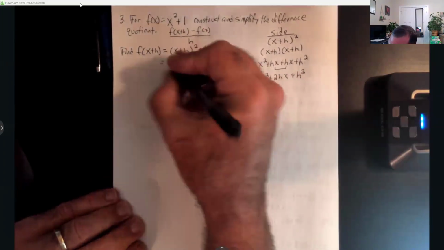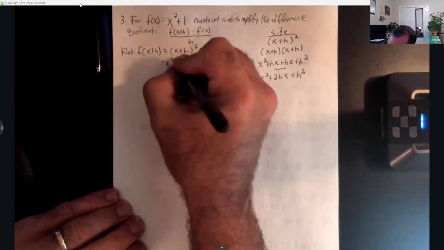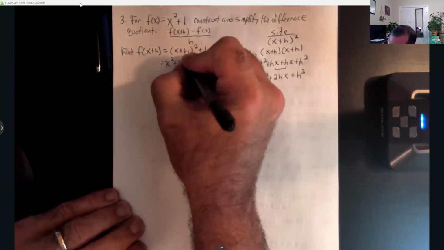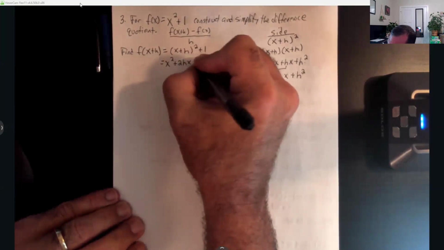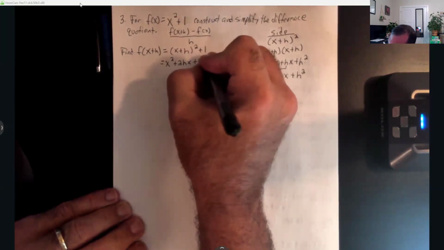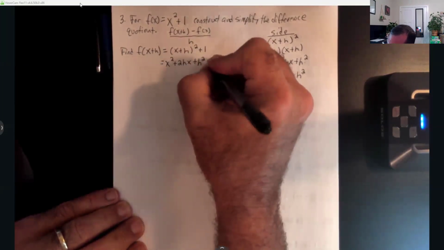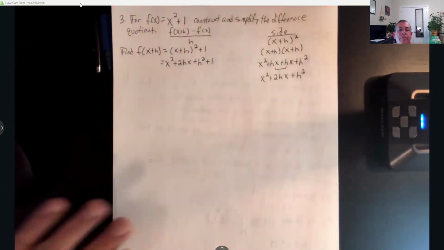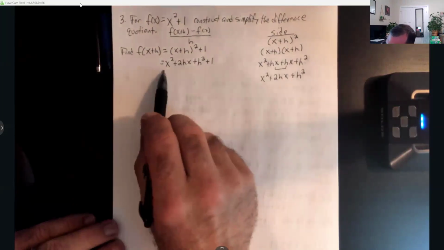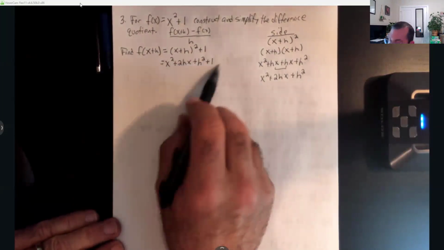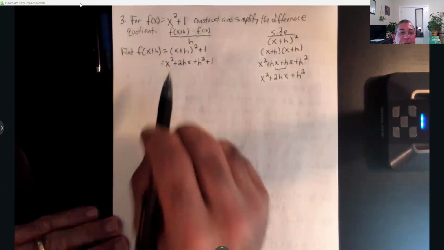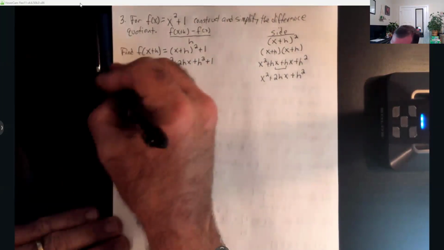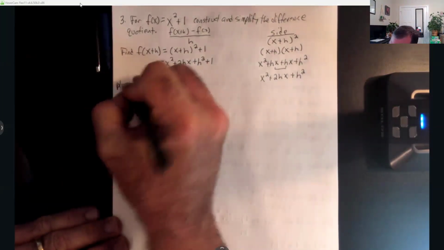So this will equal x squared plus 2hx plus h squared. And then at the end is our plus 1. And y'all notice this. No like terms here. So that's going to be the f of x plus h. So we're going to plug into the formula.